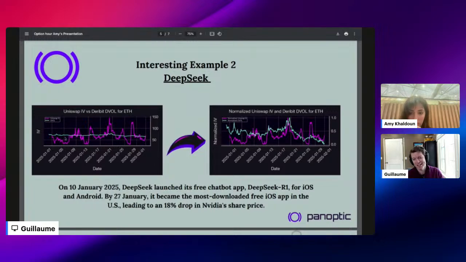So that area where it's too high or too low are both prime for trades that will capitalize on that inefficiency. Same way that if it's too high on Uniswap, you sell. If it's too low, you buy.